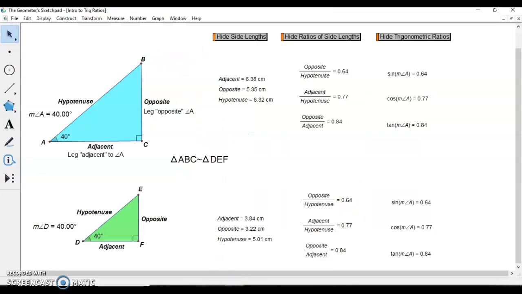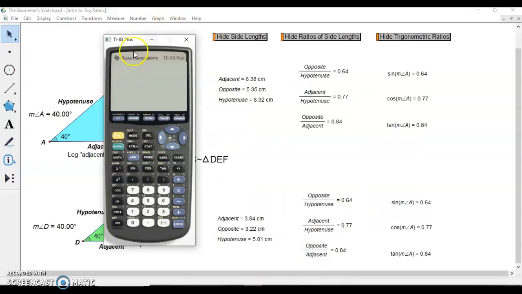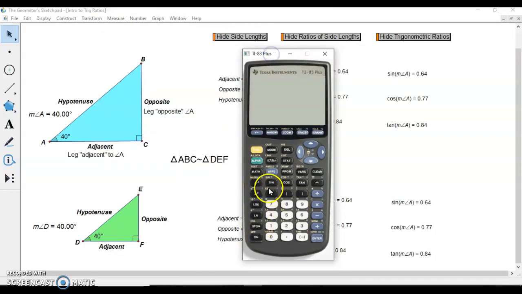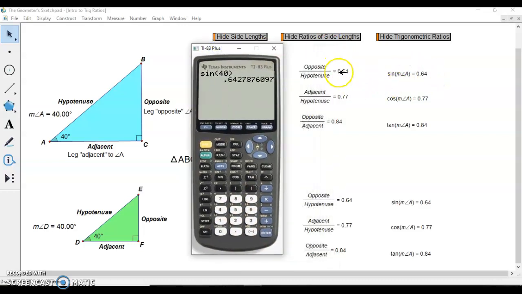Go back to the nerd program, pull up the calculator. If I wanted to find the sine of 40 degrees, it's going to spit out 0.64, exactly what I found by simply dividing the opposite over hypotenuse. The cosine of 40 degrees is 0.77, and so forth and so on.